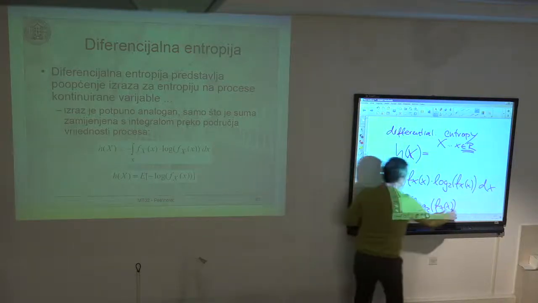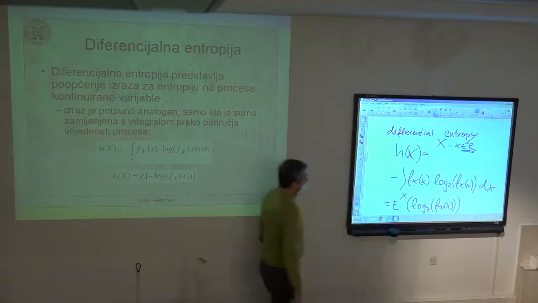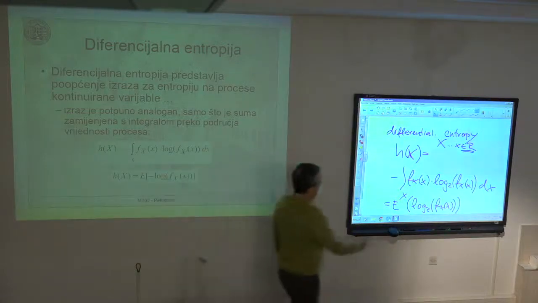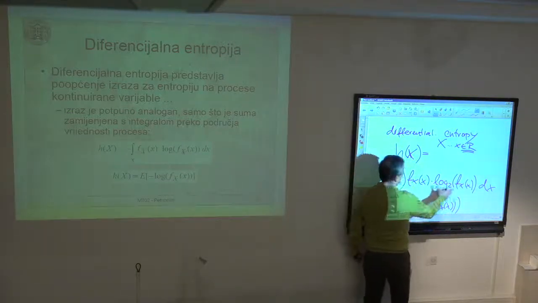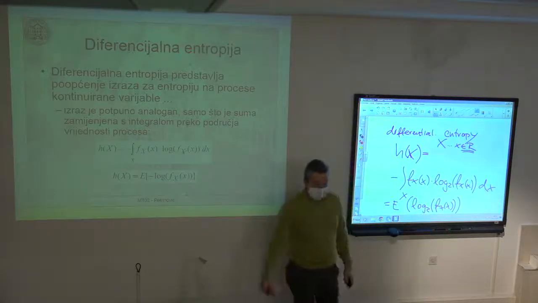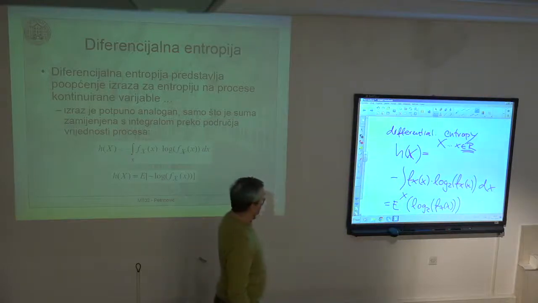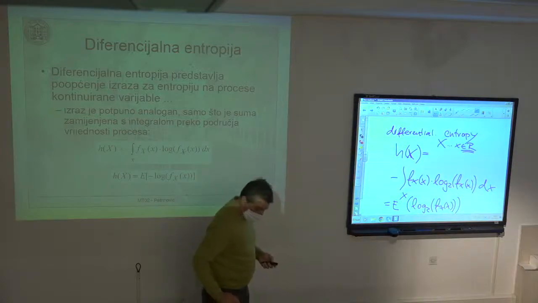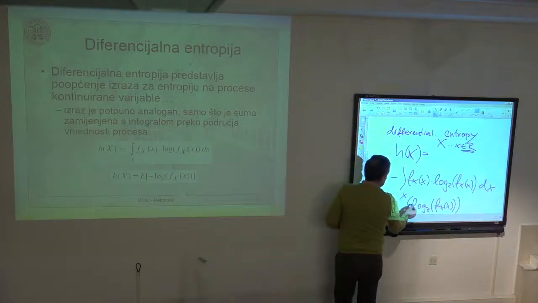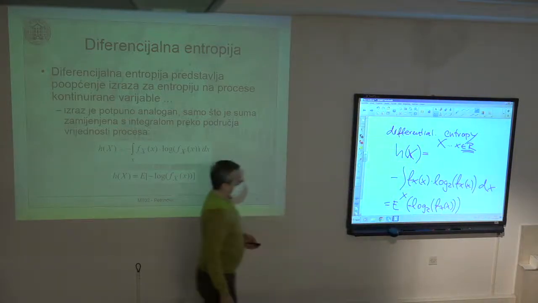So this differential entropy is defined as an expectation of logarithm base 2 of the density. Sorry, minus. I have to also add minus to this one. Okay, minus.